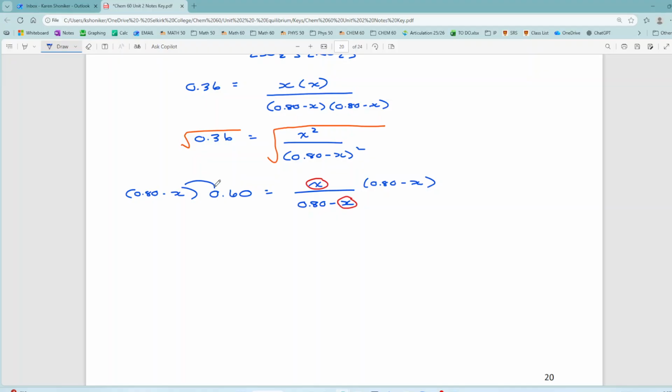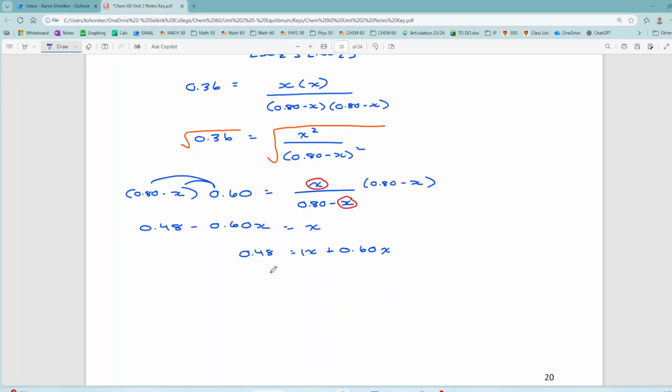Then I multiplied through. So 0.8 times 0.6 is going to give me 0.48 minus 0.60x is equal to X. Now what? Well, now I want to get the X's on one side, so I get 0.48 is equal to X plus 0.60x.